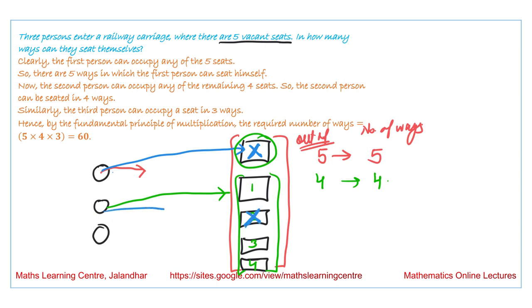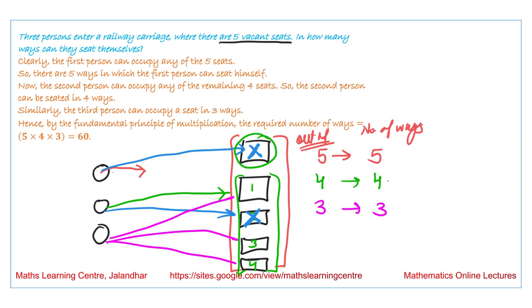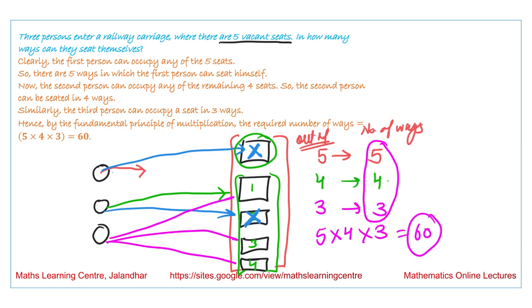Now for the third person, 3 options are there. Out of 3 seats, he can take any of these 3 seats. So this process is occurring one after the other. So the total number of ways is 5 into 4 into 3, that is equal to 60 ways. Why 60 ways?